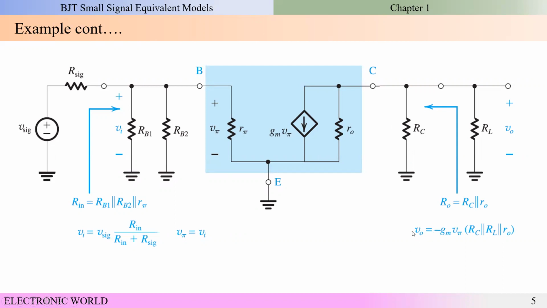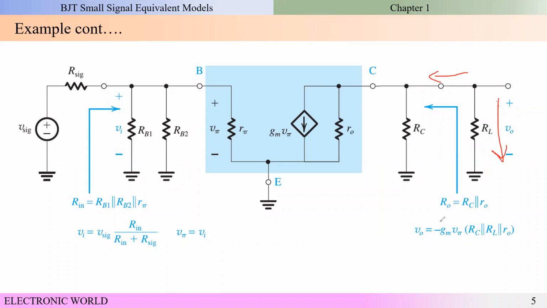So the output voltage is, this is the current going through this terminal. This is the current GM times VBE through this circuit, and we consider the current going through this one, but we consider the voltage drop in this direction.